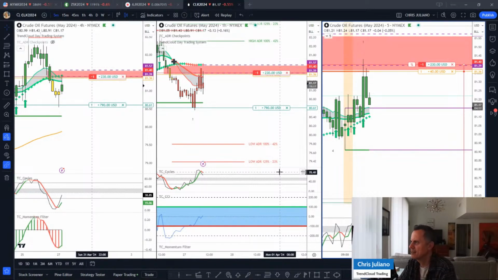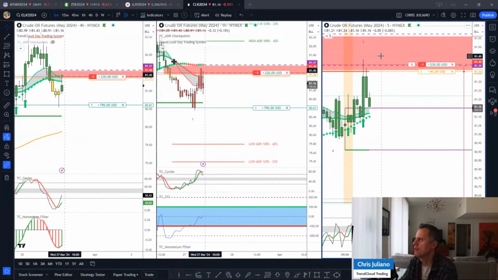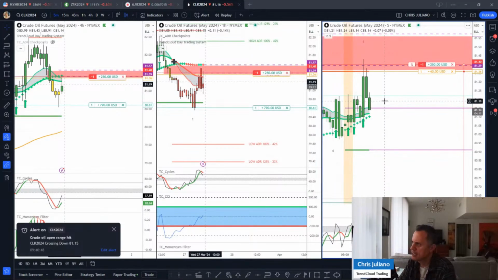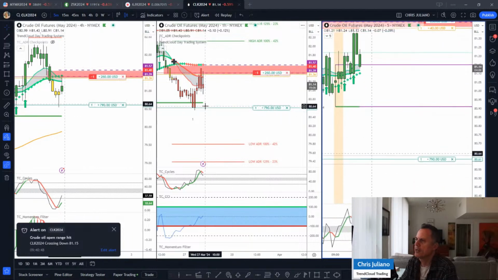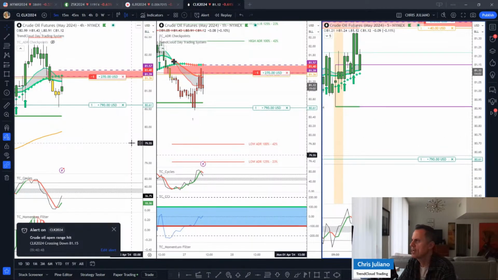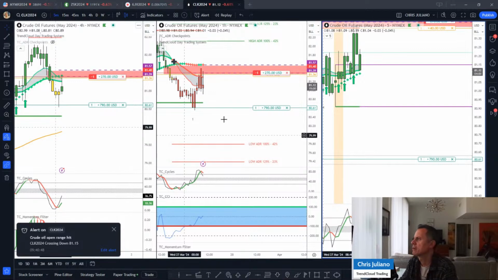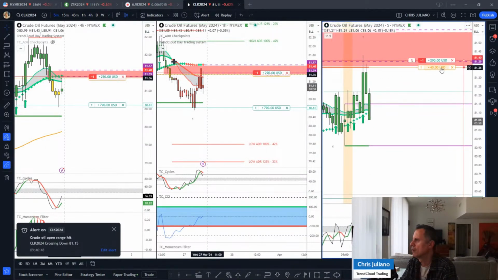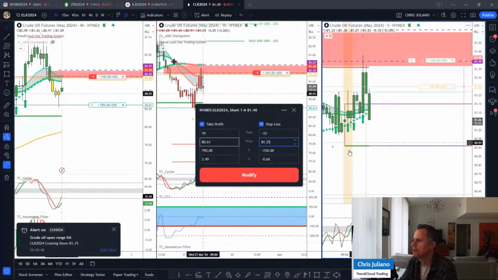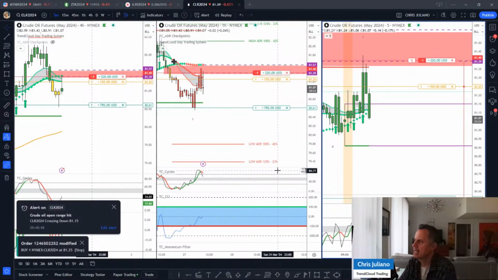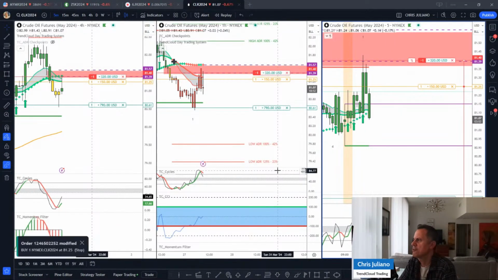It went inside of our supply zone. Okay, look, there it is. Very nice. Do we get the move? Do we get a nice move down? We're getting a nice rejection candle here. Let's follow this down, candle by candle, and manage this trade.